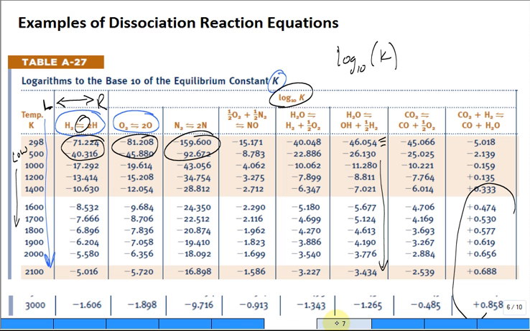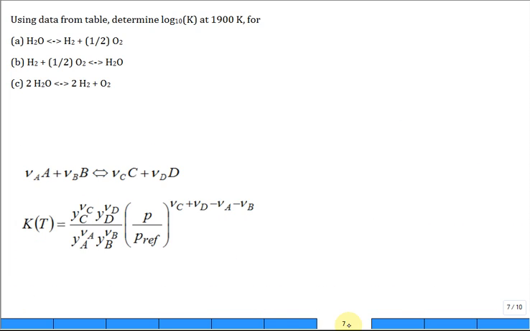Okay. We're going to solve a problem, and I think it's for 1900 Kelvin. Maybe I'll look at the problem and come back. So take a look at 1900 Kelvin for this reaction equation.